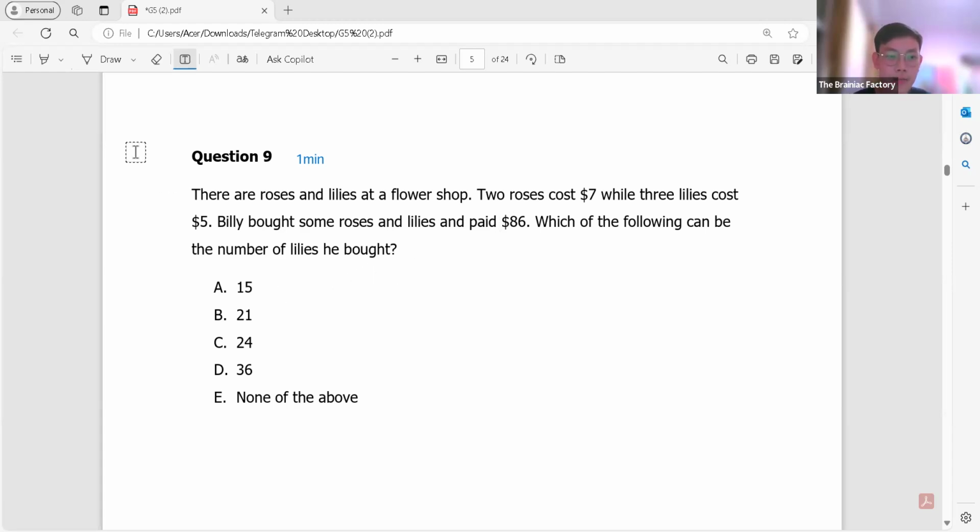All of these numbers are the number of lily flowers.